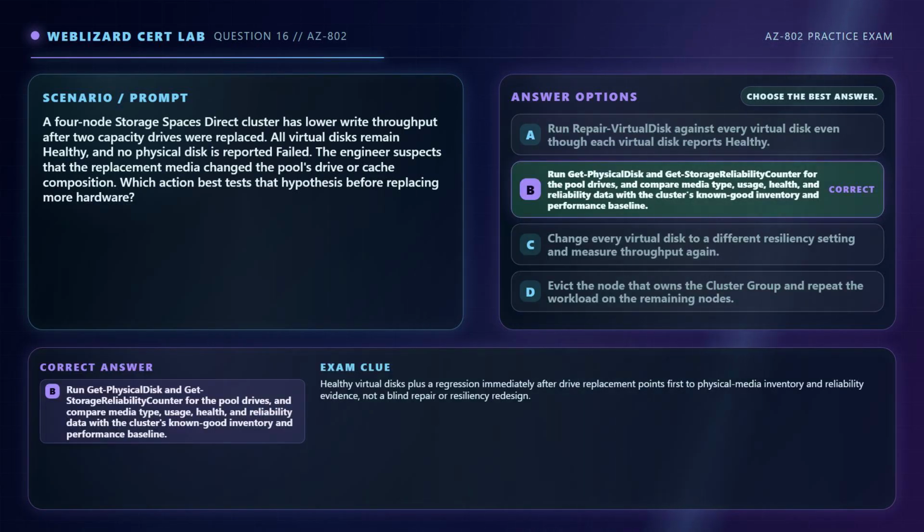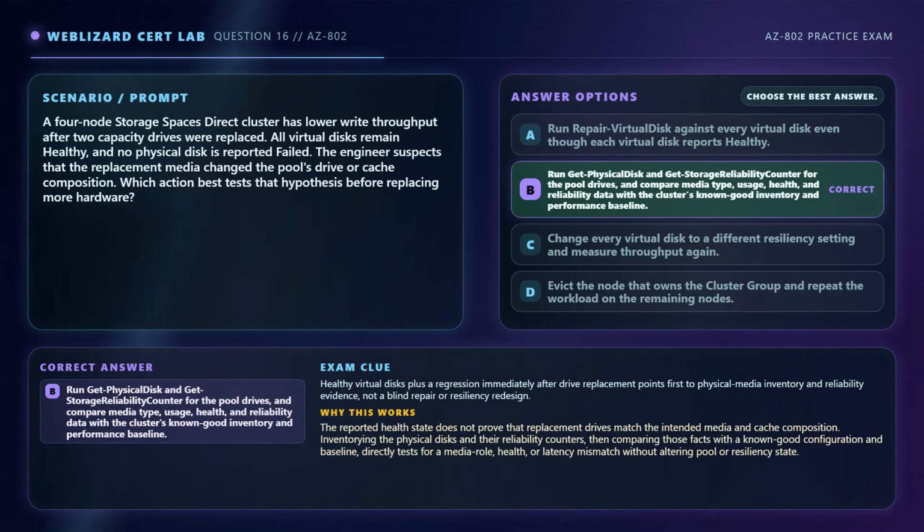The correct answer is B. Run Get-PhysicalDisk and Get-StorageReliabilityCounter for the pool drives and compare media type, usage, health, and reliability data with the cluster's known good inventory and performance baseline. The reported health state does not prove that replacement drives match the intended media and cache composition.